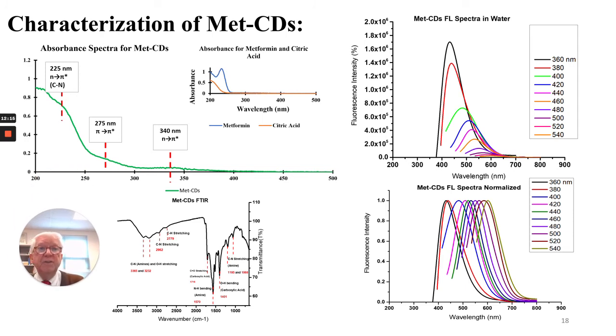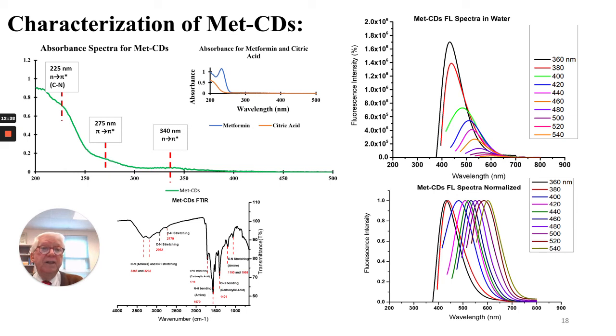That means absorption, fluorescence, and Fourier transform infrared spectroscopy. For the absorption, as you can see, we have the 340 nanometer band, which is due to n-pi* transition, 275 also n-pi* transition, and finally pi-pi* at 225 nanometer.